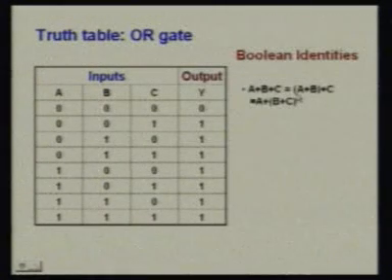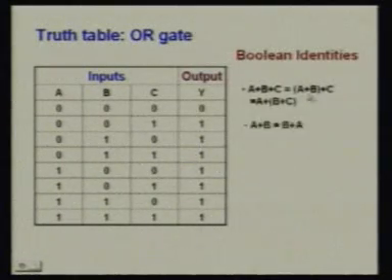We may add A plus B first and then C, or we may add B and C first and then A. So A plus B plus C is equal to A plus B plus C. It follows the commutative rule, A plus B is equal to B plus A. Here we should take care that A and B can assume either 0 or 1, not in between.